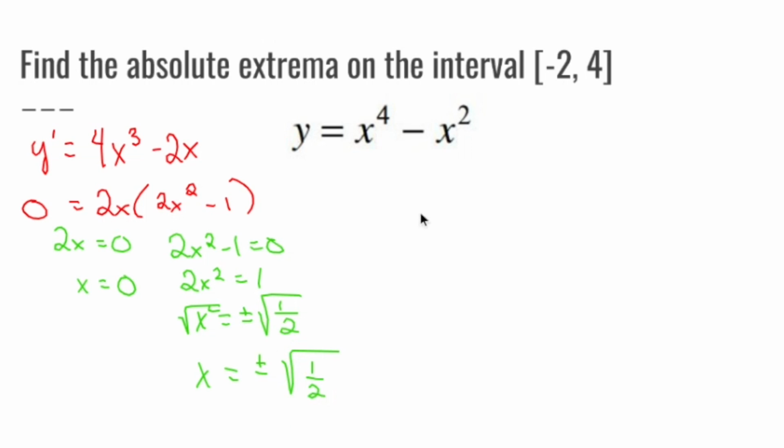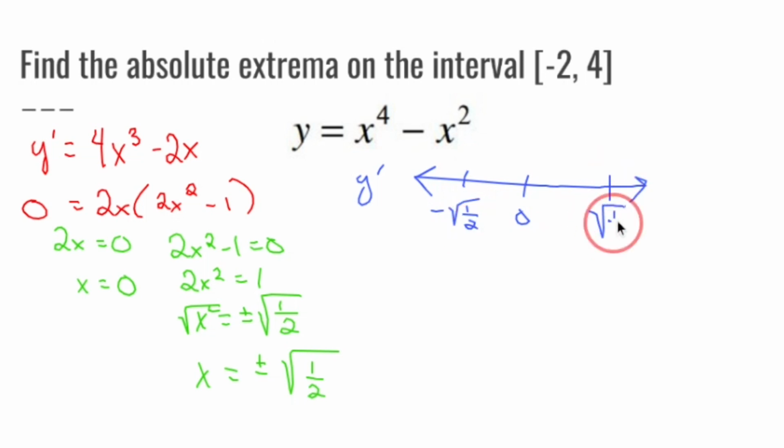All right, let's make ourselves a sign table with that one. We've got, let me see, this is y prime. We've got 0. We've got negative square root of a half. We've got positive square root of a half.